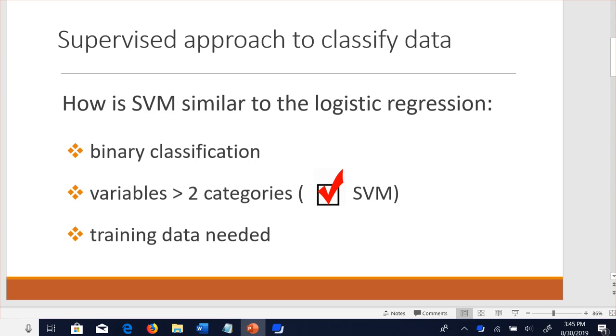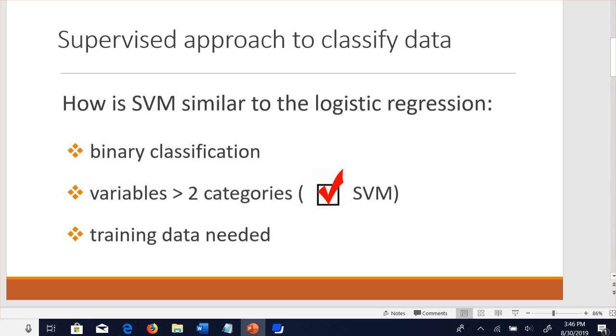In other words, the dependent variable in our analysis has two categories, even though in the case of support vector machine, the dependent variable can be extended to more than two categories.